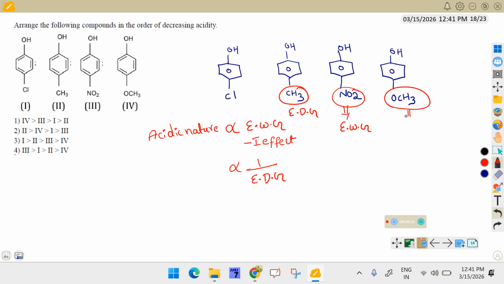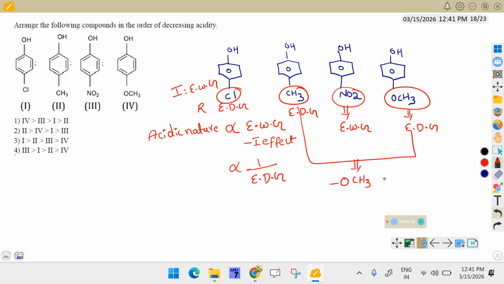The OCH3 group acts as an electron donating group. The Cl group also acts as an electron donating group with respect to the resonance effect, but with respect to the inductive effect, it is an electron withdrawing group. Now, CH3 and OCH3: OCH3 is a stronger electron donating group compared with CH3.